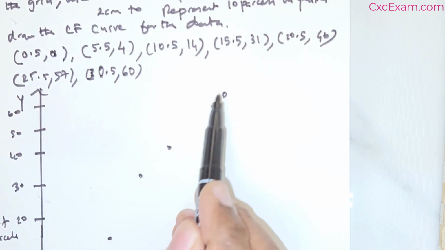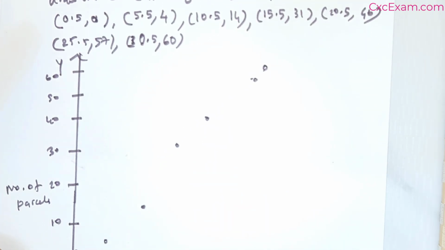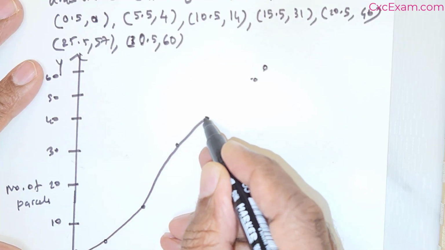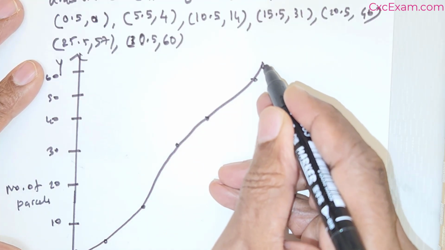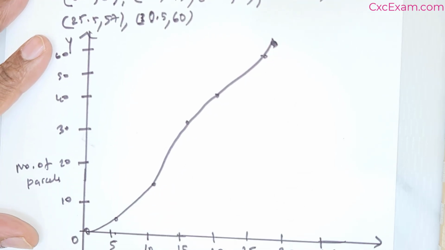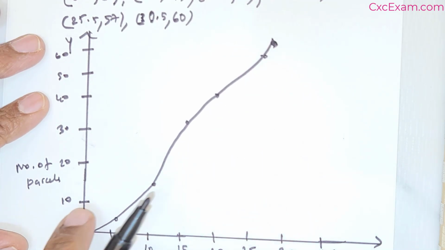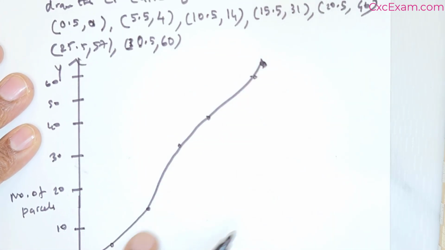The graph is not to scale, right? So you connect this using a free line. This is how it's going. If you are drawing it on a grid line, it will probably be much more curvy like this.